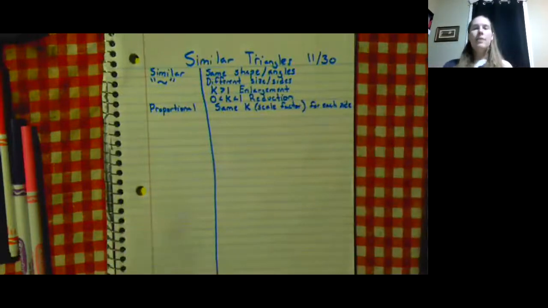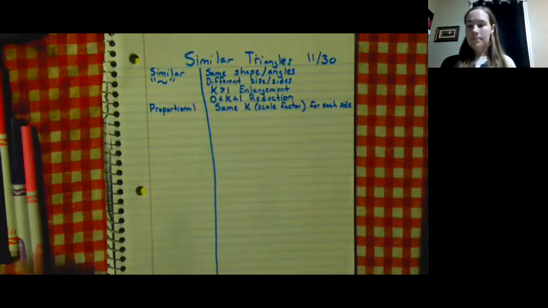Every single side, no matter what you do, is always going to be the same. So this is a way for you to check whether your triangles are similar.